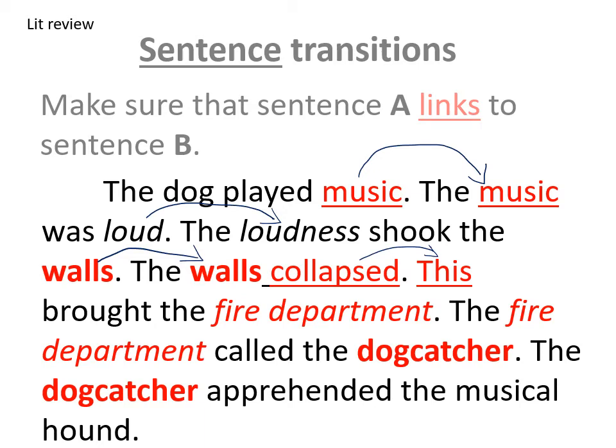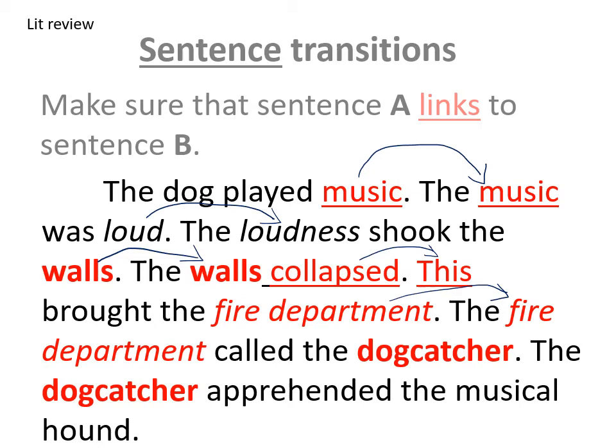This brought the fire department. "This" is a definite article that refers back to "collapsed," the state of the walls having just collapsed. You might think of it as referring back to this event of the walls collapsing.